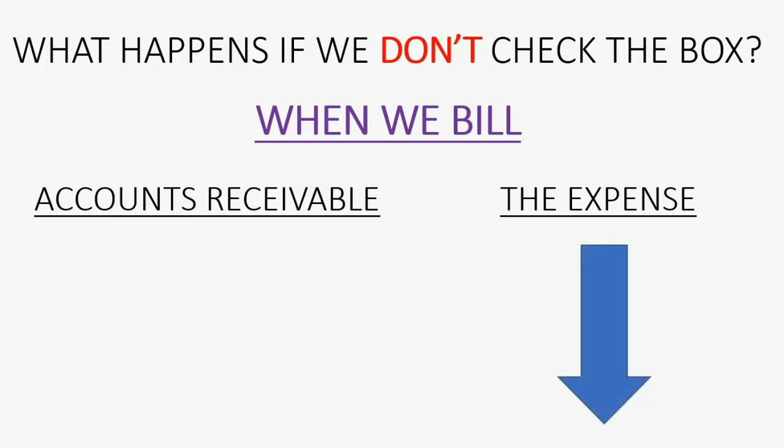The expense goes down because the client is responsible for the expense, which means our expenses decrease because the client is now assuming responsibility for it when we place it on an invoice. And of course, if we bill the client, accounts receivable goes up by the amount that we billed the client.